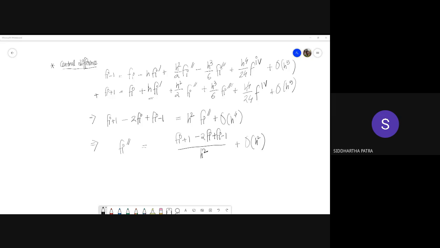Let's say the user chooses central difference, then you have the option for 2-point method or 4-point method. So you can give the option that if the user enters 0, then it is 2-point method. If the user enters 1, then it is 4-point method. So there will be a lot of options.